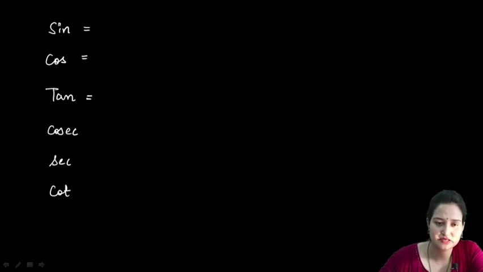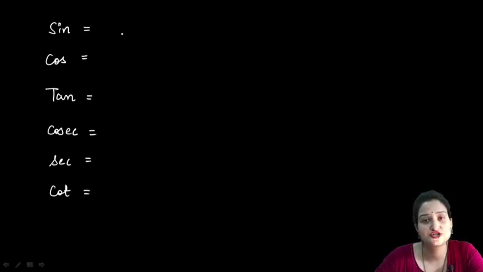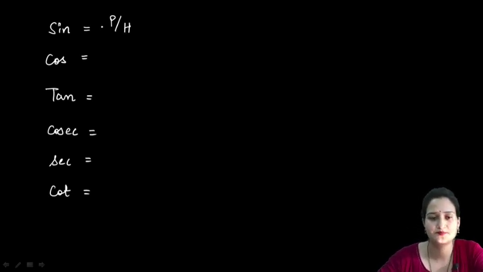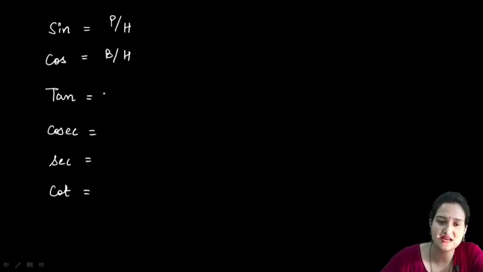Or in short, if we have to learn all these trigonometric ratios with the ratios of the sides, I am just giving you a brief introduction of what we have studied until now. Sine will be perpendicular upon hypotenuse, cos will be base upon hypotenuse, tan will be perpendicular upon base.